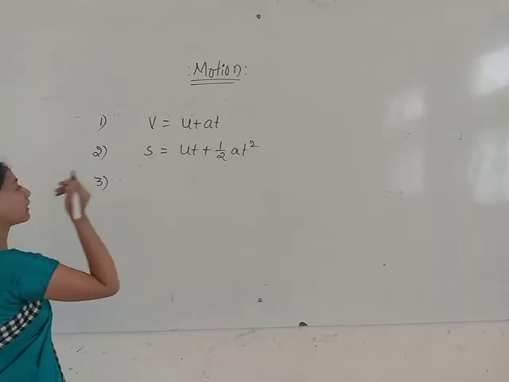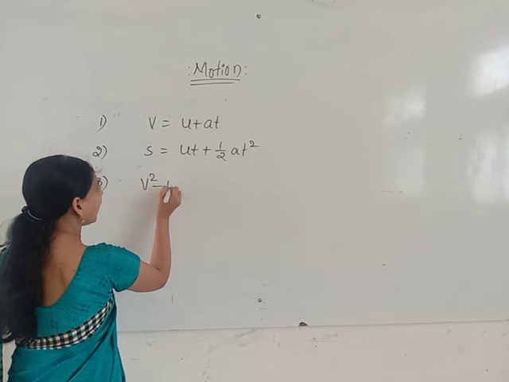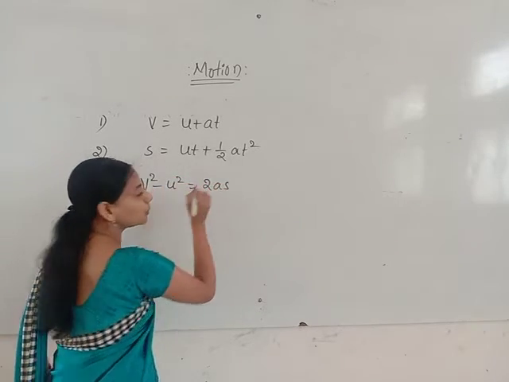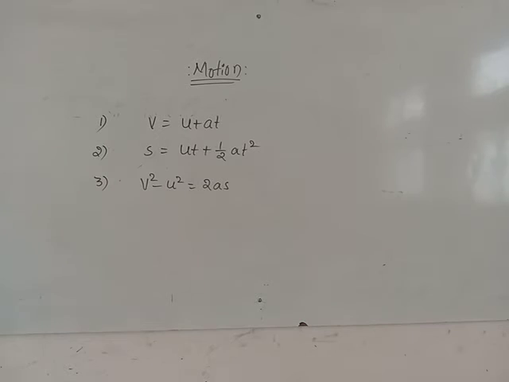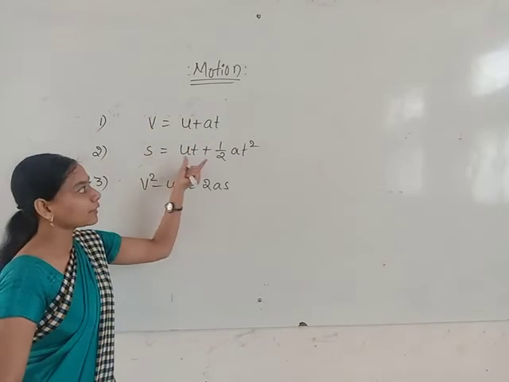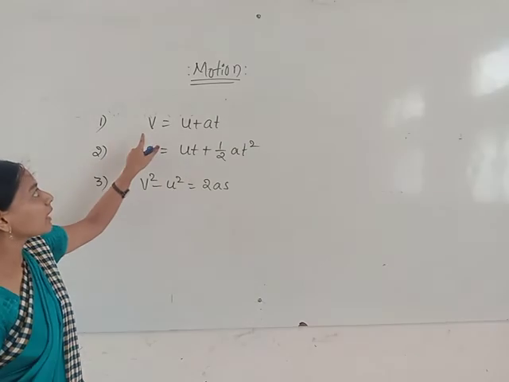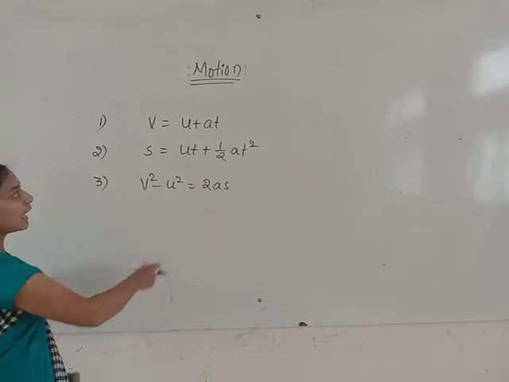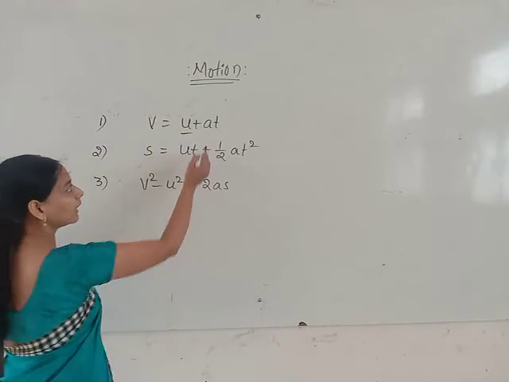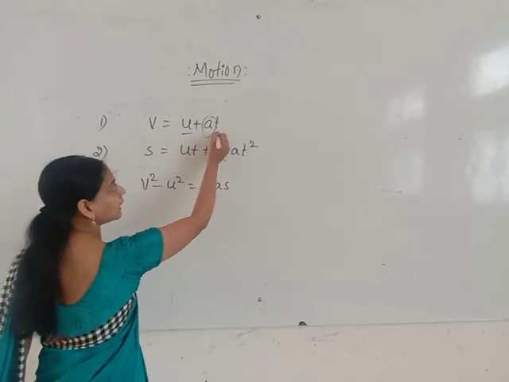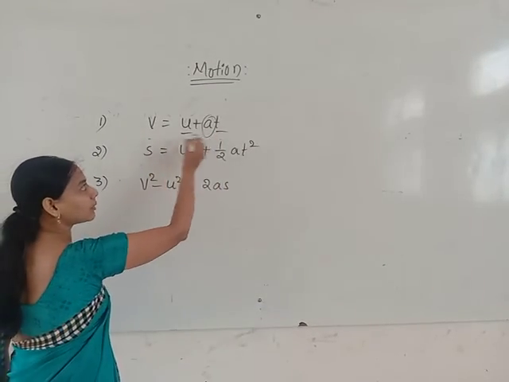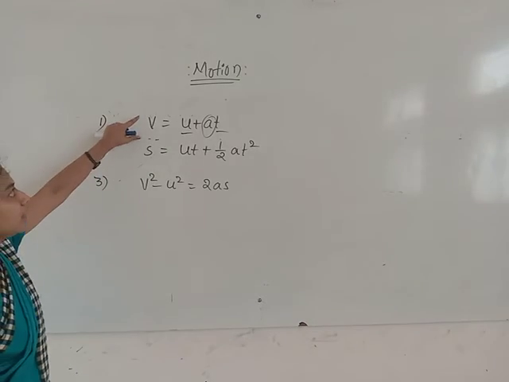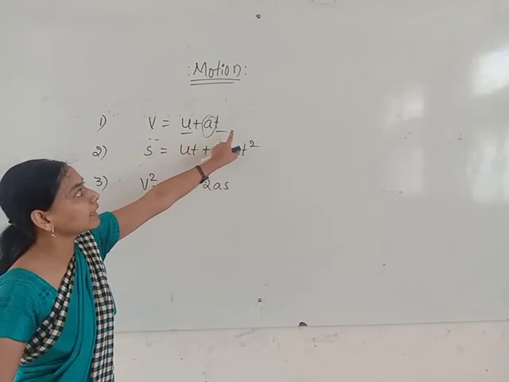The third one is V² - U² = 2AS. In the first equation, V means final velocity, U means initial velocity, A means acceleration, and T means time. So this first equation gives the relation between the velocities, acceleration and time.